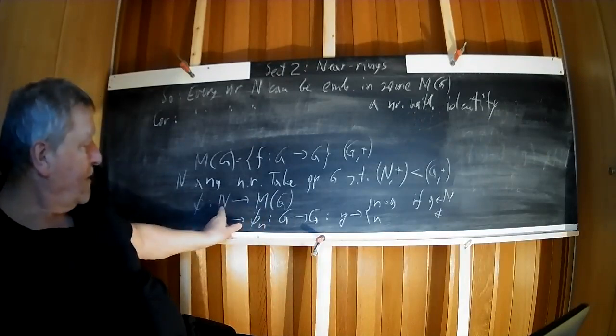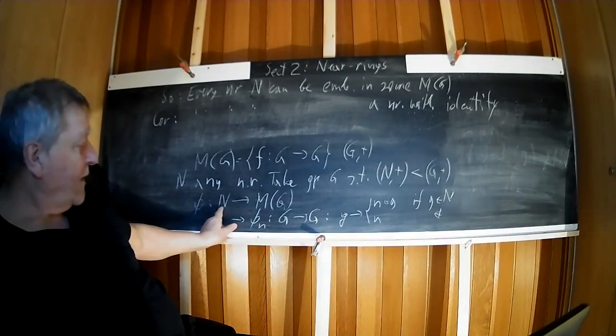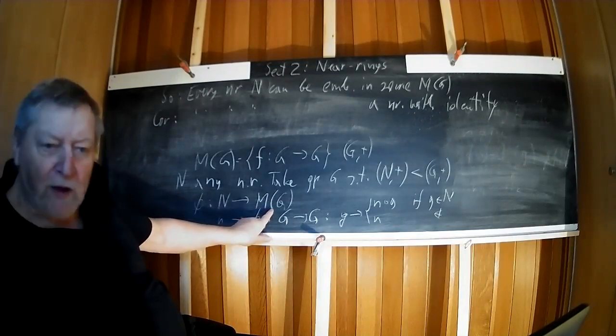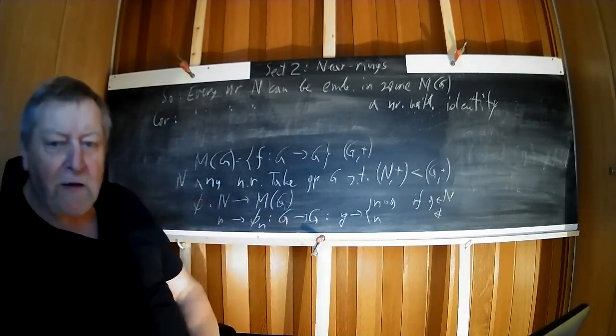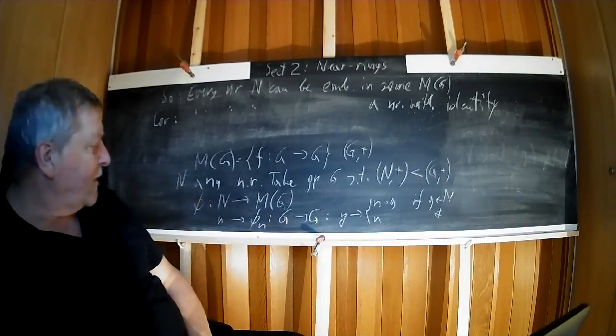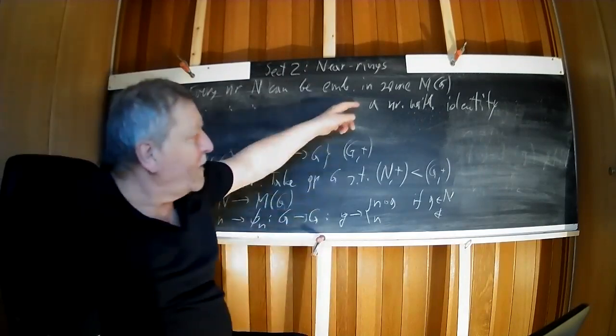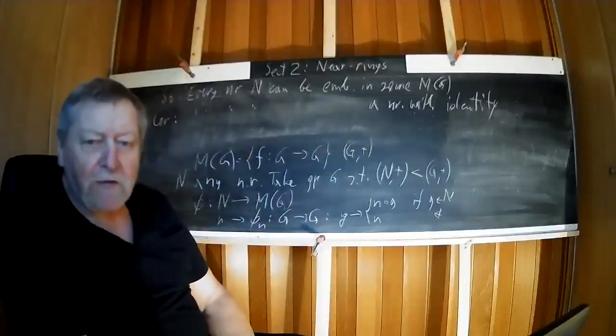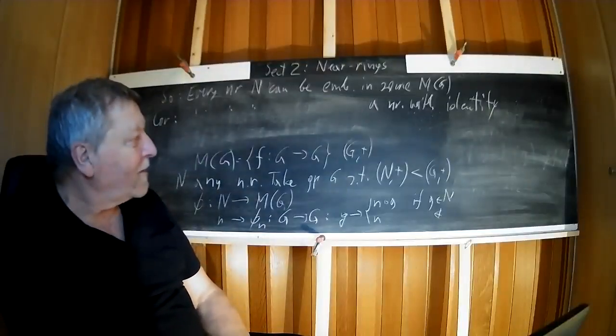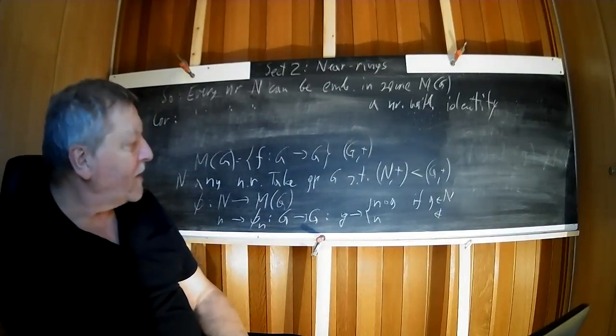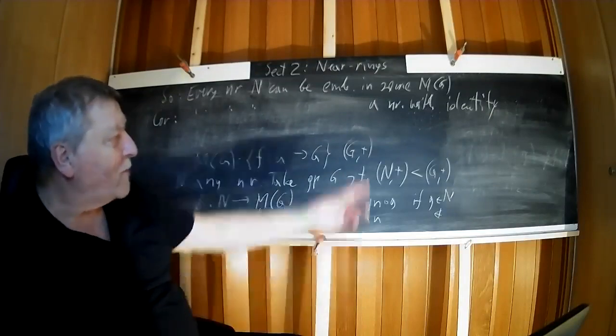In the general nearing case, we have arbitrary maps from G to G. Again, this shows that here we have a nonlinear situation. And also the proof that every ring can be embedded into a ring with identity does not work for nearings. We have to find a completely different proof.